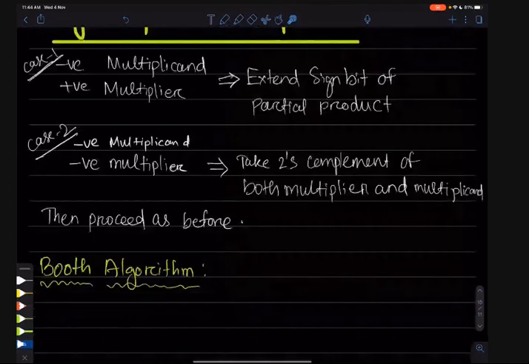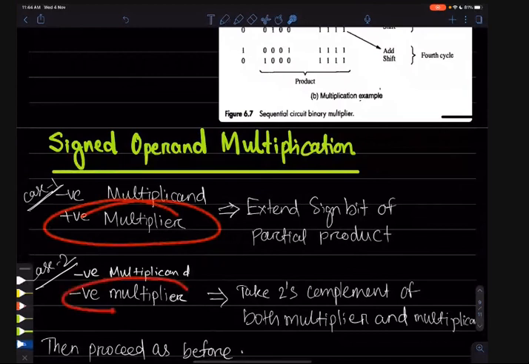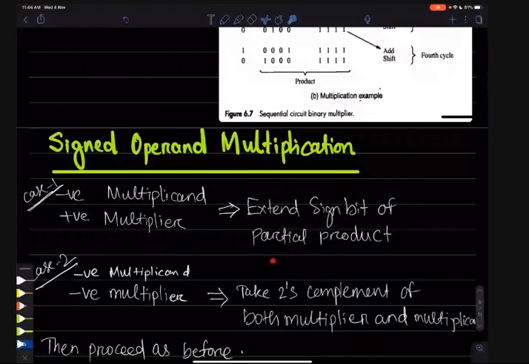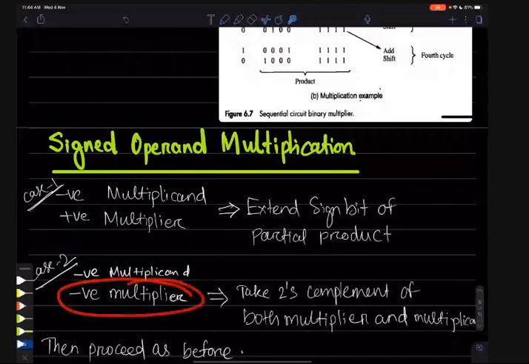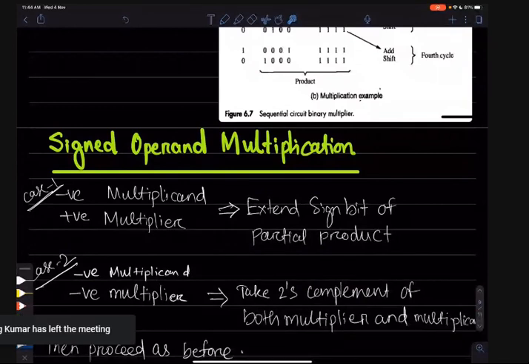The only thing you have to see is whether the multiplier is positive or negative. If it is positive, do the sign extension, extend the sign bit of the partial product. If the multiplier is negative, then take the 2's complement. Can anyone tell me what is the 2's complement of a positive number?